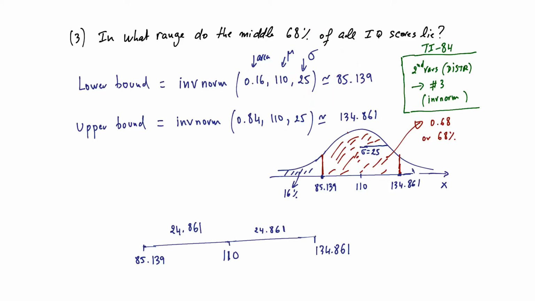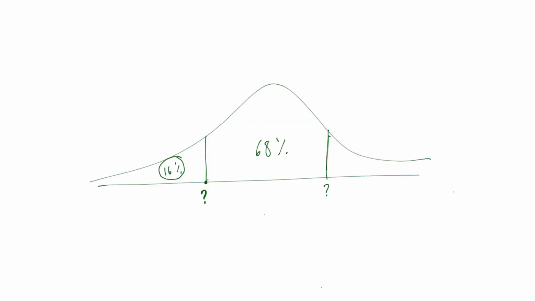That gave me the location 85.139. Of course, we knew it's going to be less than 110. Now, to find the upper bound, inverse norm, mu, sigma, for sure they don't change, but the area has to be 0.84. Think about it. If I'm interested in this location here, I have to enter this blue area, and it is the 68% plus 16%.